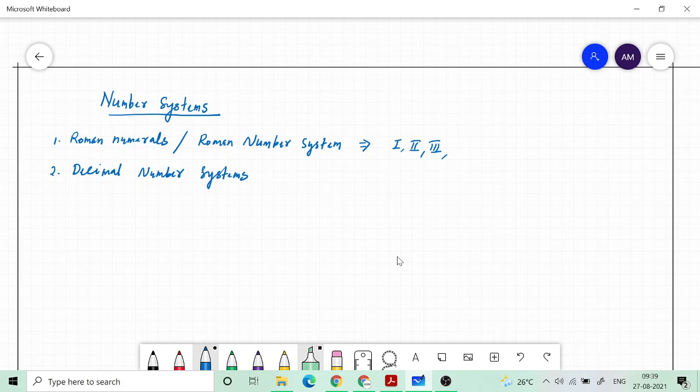And then you have to introduce the next symbol. So we have I and a V. V is the new symbol. I is the first symbol and V is the next symbol. Then if you put this I before V, we are basically doing 5 minus 1. V stands for 5.